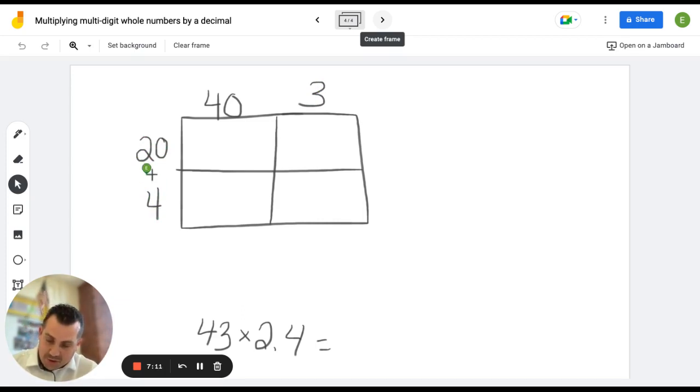Really, I'm taking away the decimal point at first. I'm forgetting it's even there at first. I know that at the end, when I find my final product, I have to bring back that decimal point because my answer is going to be in the tenths place.